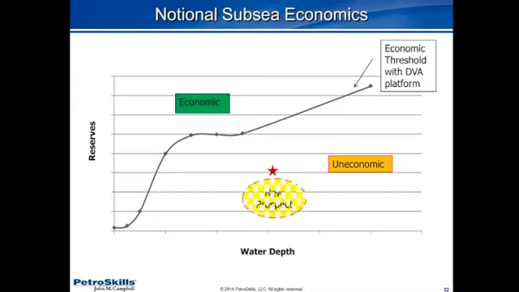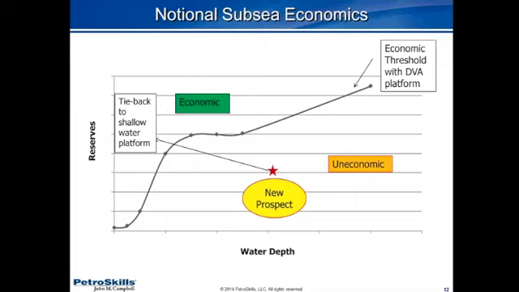So with the use of subsea systems, we can move the economic development for that reservoir by the use potentially of a platform in shallower water, thus reducing the cost of the capital and making the development of a small reservoir reasonable and attractive.